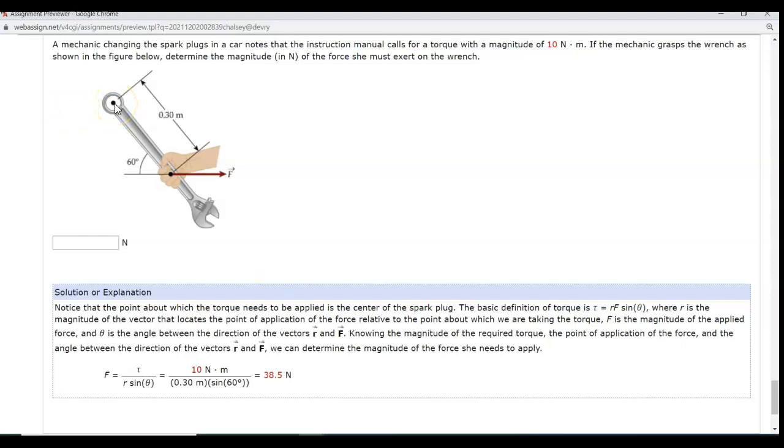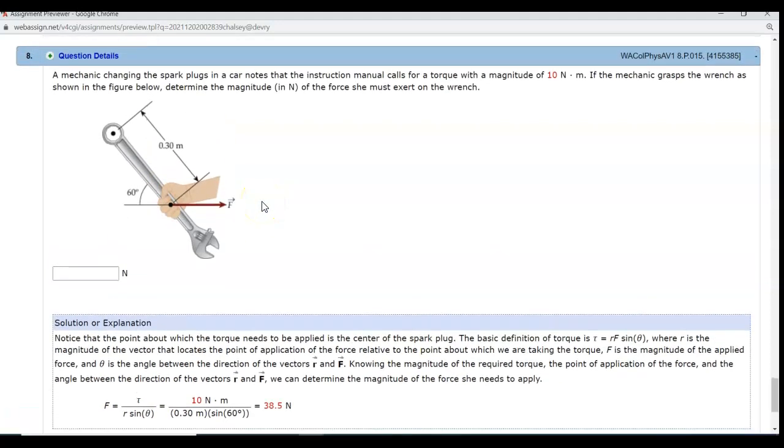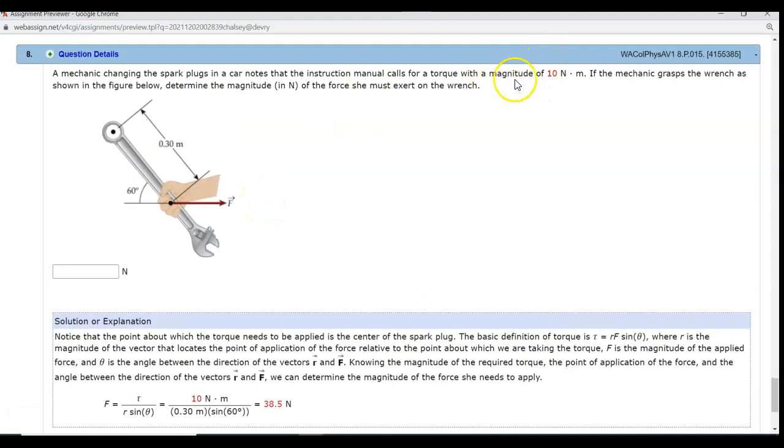Okay, so our r is this way. So we transpose that down to here, and this is r and F. Knowing the magnitude of the required torque, the point of application of the force, and the angle between the direction of the vectors, we can determine the magnitude of the force. It's going to be the torque with the magnitude of 10 Newton meters that's required.